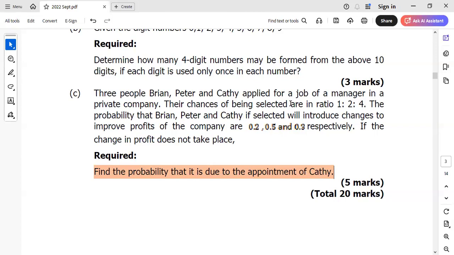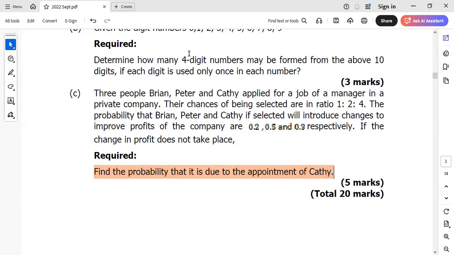Okay. So here we are told that 3 people, Brian, Peter, and Kathy, applied for a job of a manager in a private company. Their chances of being selected are in the ratio of 1 to 4. So here you're given the chances of them being selected.